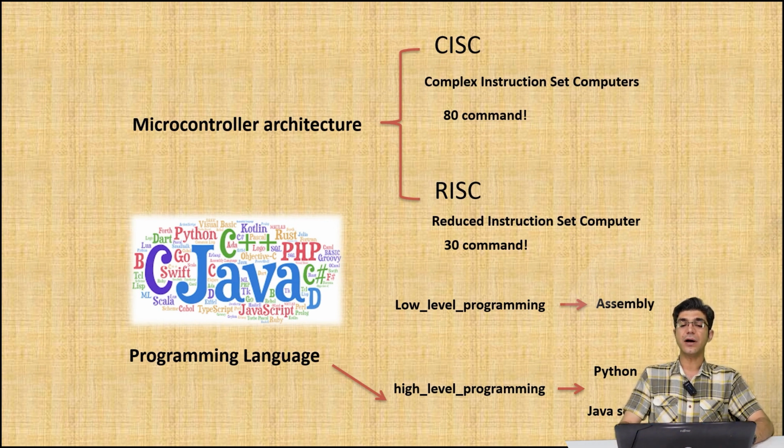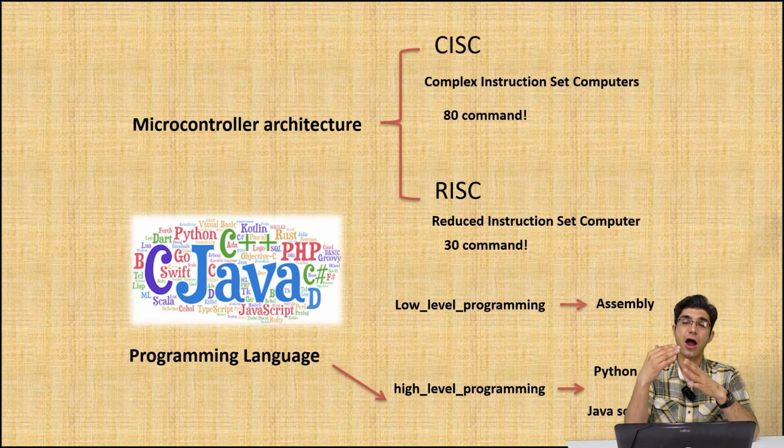And about programming, we now have many languages to program microcontrollers, but the usual one is C for all of them, and the other ones are high-level languages, for example something like Python and JavaScript.